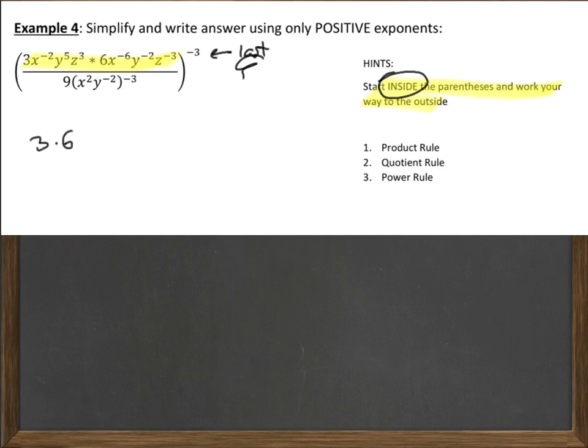So I have 3 times 6 times x to the negative second power times x to the negative 6th power times y to the 5th. And good practice is to cross these out as you go, so you don't write anything twice or leave out a term. I've done that before. That's annoying. Then we have z to the 3 times z to the negative 3rd power.